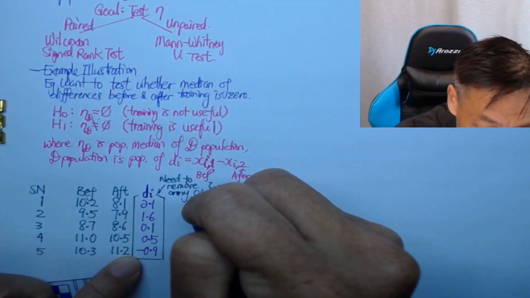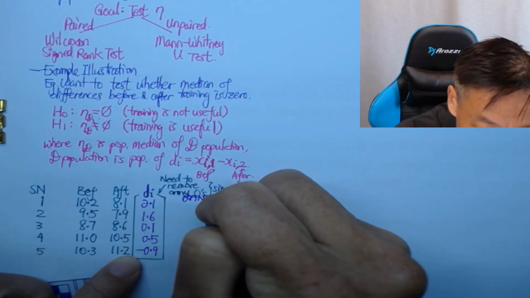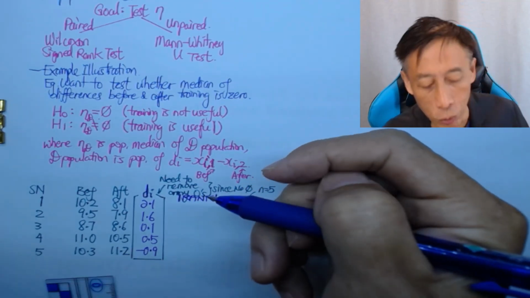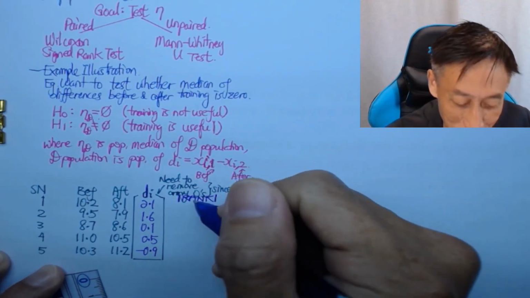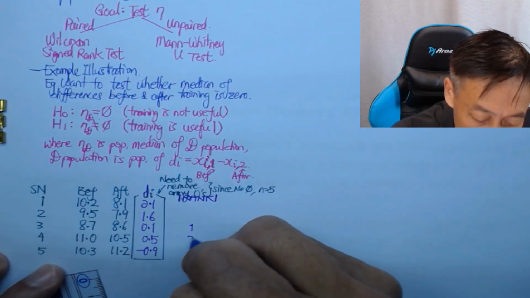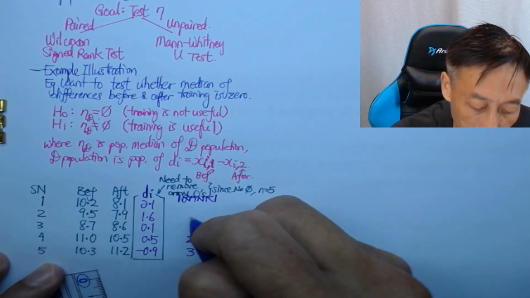Where do we write the rank? I don't have a place to write it, so let's write the rank. Rank based on absolute value, but I just use this notation. So this will be number 1, this will be number 2, number 3, and then number 4, and then number 5.